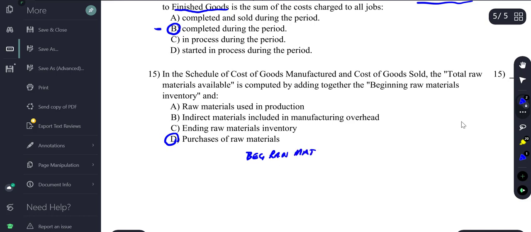And we're going to add purchases of raw materials. And the total of those two is raw materials available. So total raw materials available.